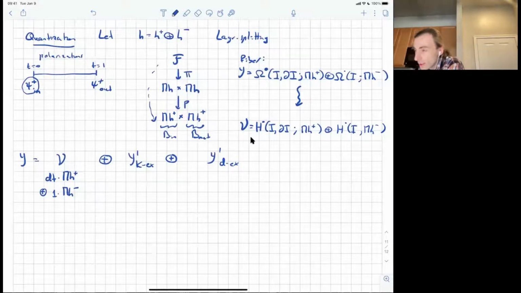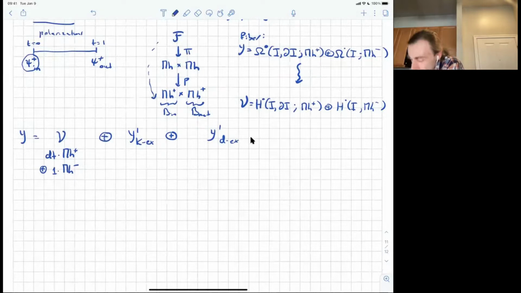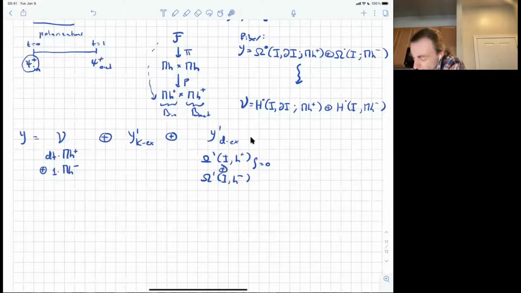So the exact part will be 1 forms on the interval with coefficients in H plus with vanishing integral, because it's a symplectic complement, it should pair by 0 to this part. And 1 forms on the interval with coefficients in H minus and no restriction, because pairing to that part doesn't impose any condition on the 1 form part.